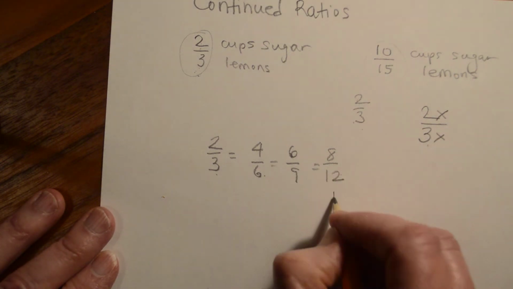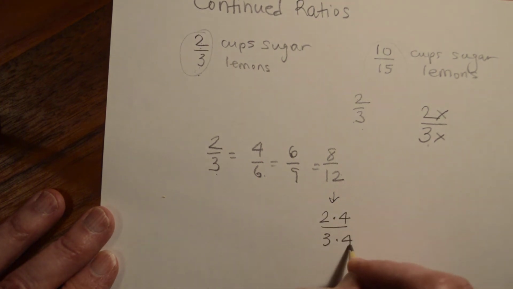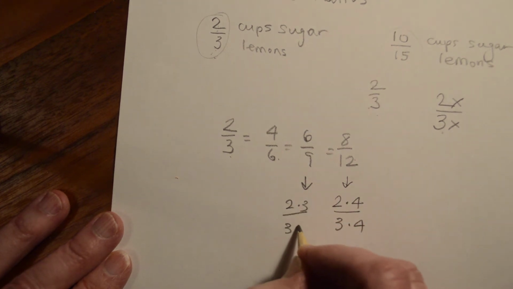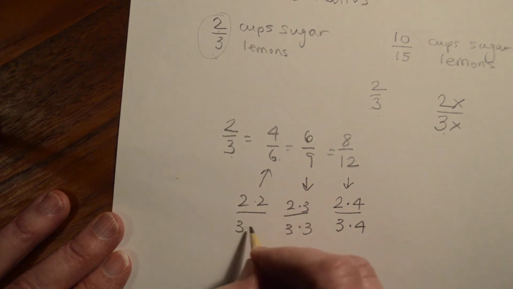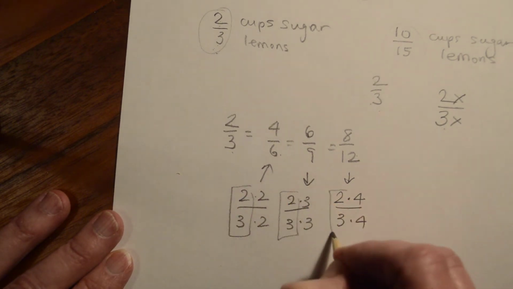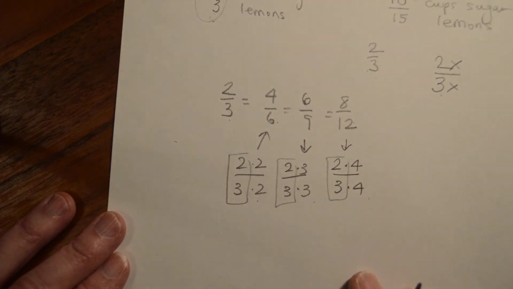Again, like this one would be 2 times 4 over 3 times 4. This one would be 2 times 3 over 3 times 3. This one is 2 times 2 over 3 times 2. So this original fraction or ratio is still in there. It's just we're multiplying by the same number, numerator and denominator, over and over again.